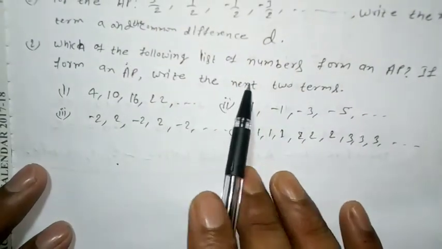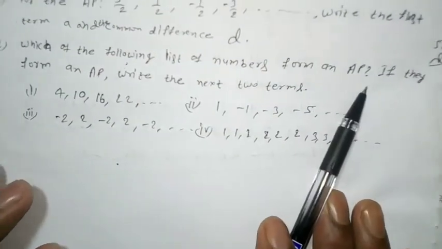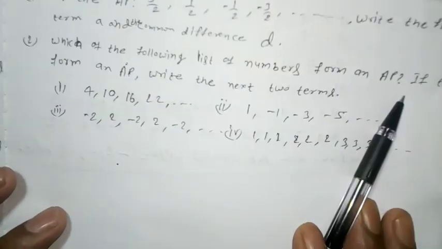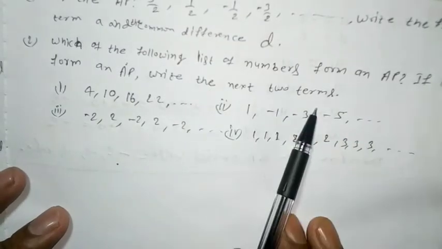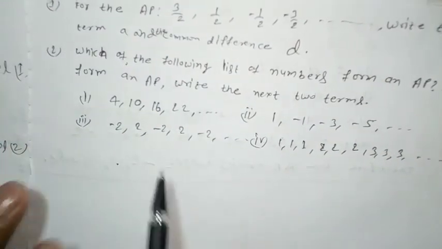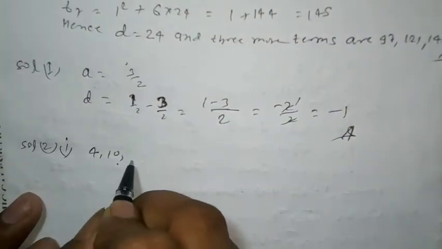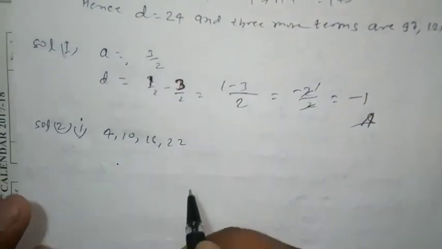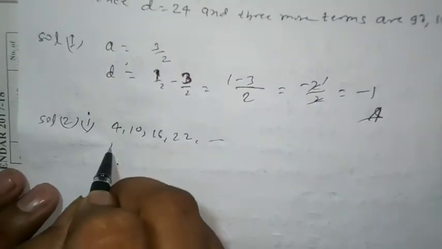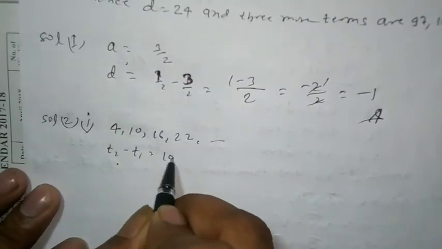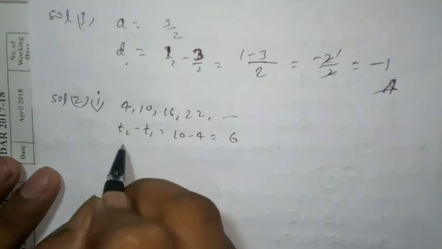The second question, which of the following list of numbers form an AP? If they form an AP, write the next two terms. First, 4, 10, 16, 22. T2 minus T1 is equal to 10 minus 4 is equal to 6.